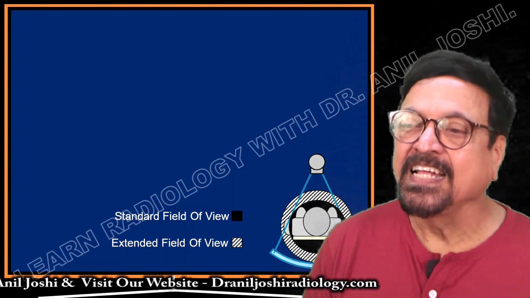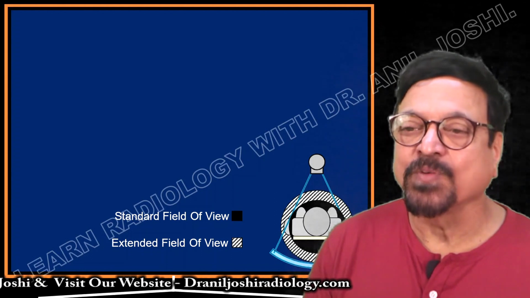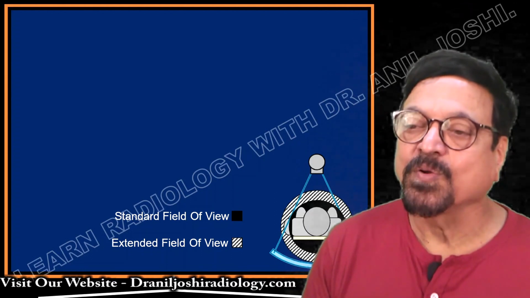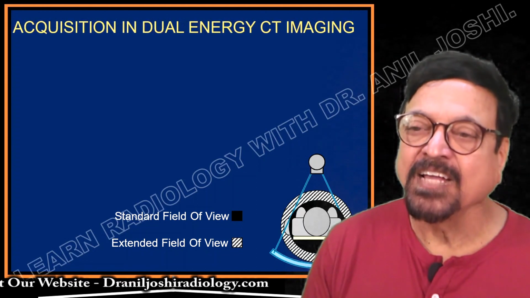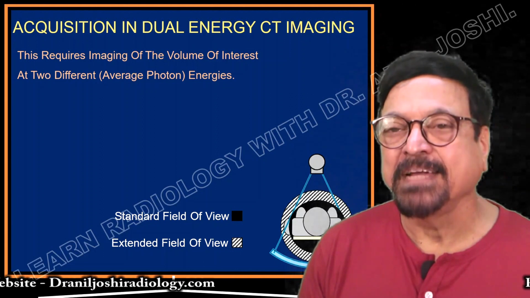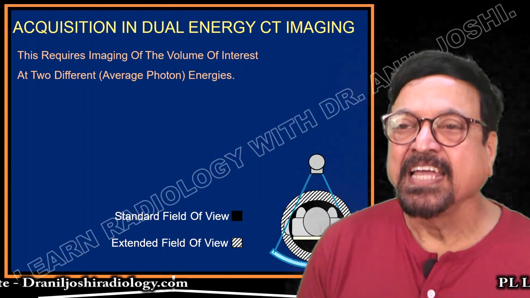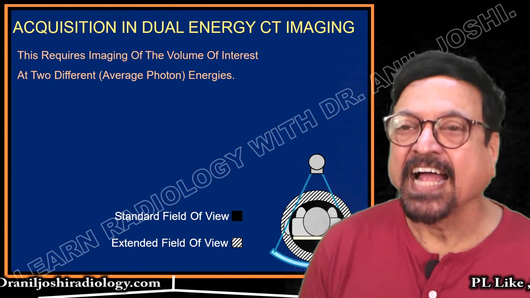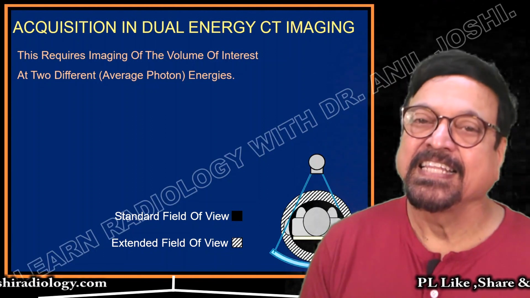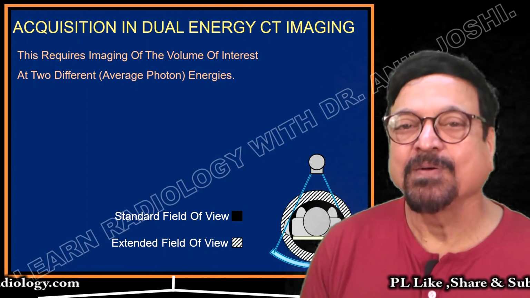Now this is the diagrammatic presentation. What we are seeing in the black is the standard FOV, and what we are seeing extended is by the cross lines. Acquisition in dual energy CT imaging requires imaging of the volume of interest at two different photon energies, that is, different kVs, different capacities.